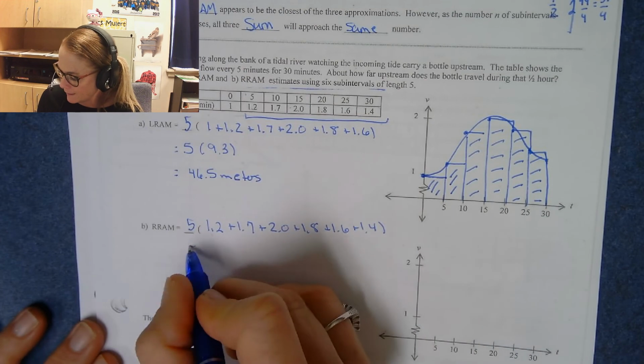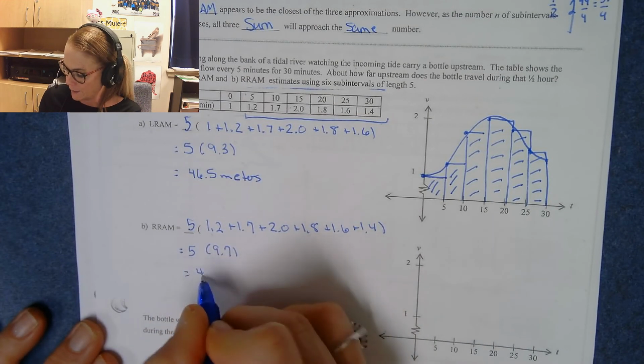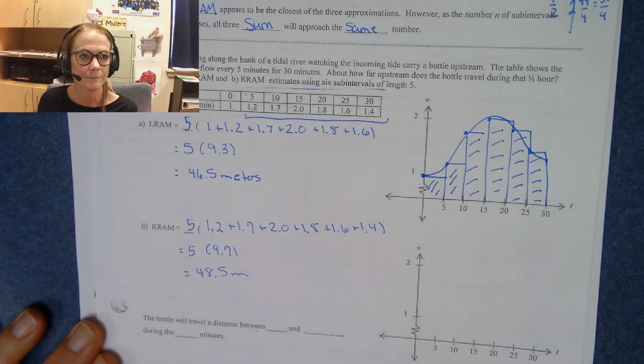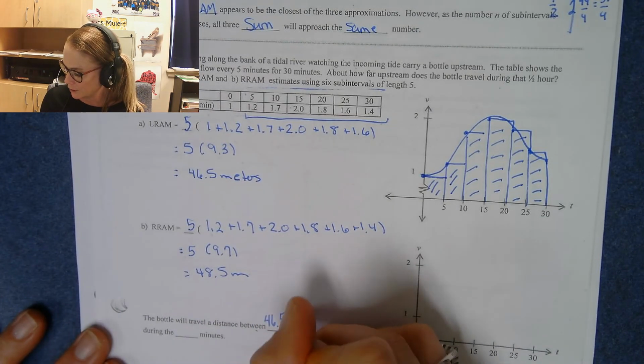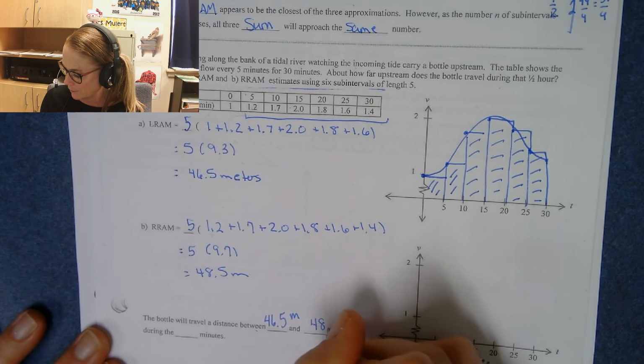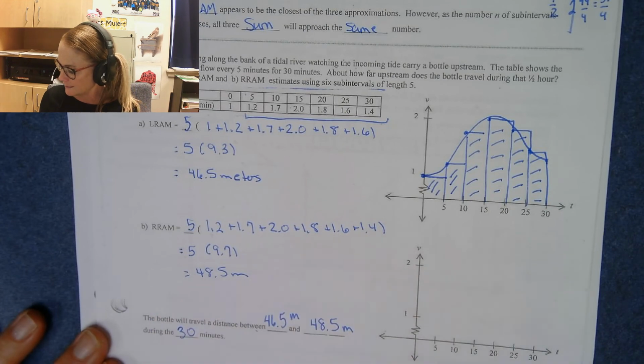That is 5 times 9.7, which is 48.5 meters. So the bottle will travel somewhere between 46.5 and 48.5 meters. These are just approximations, and sometimes that's all you need is an approximation, during that 30 minutes.